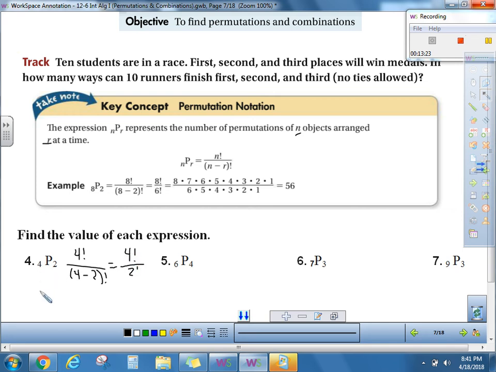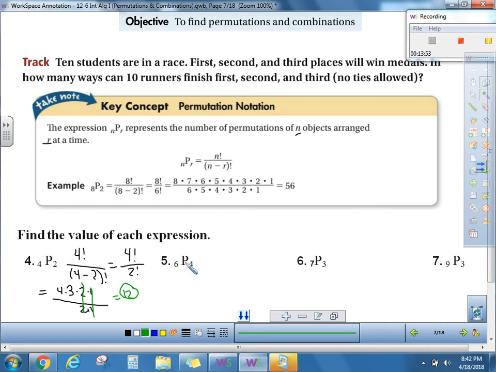So if we write that out, 4 factorial is 4 times 3 times 2 times 1 divided by 2 factorial, which is just 2 times 1. So what happens here, you can see that there's a 2 divided by 2, 1 divided by 1. Those cancel out. So this whole thing is just 4 times 3, which is 12. And that would be your final answer for how many different ways you can arrange 2 objects from a group of 4. And the order matters.